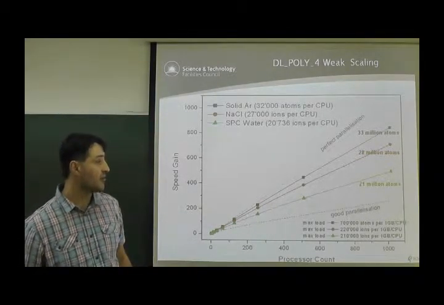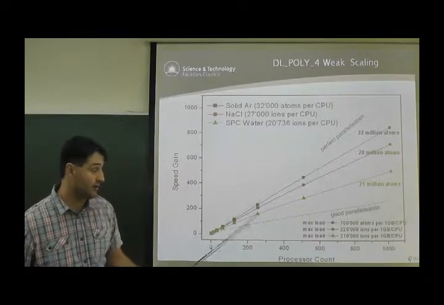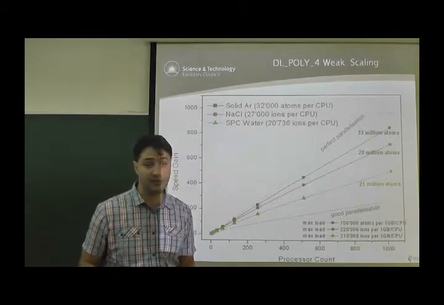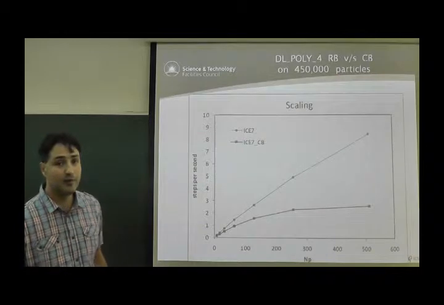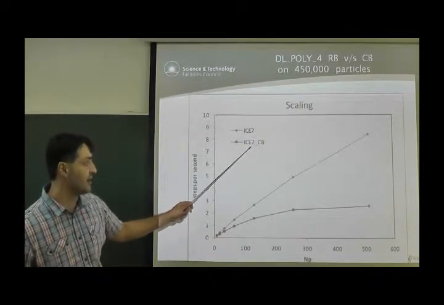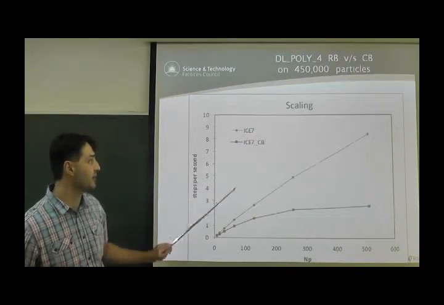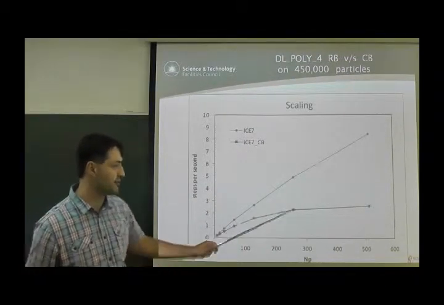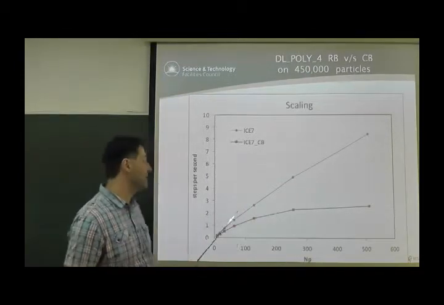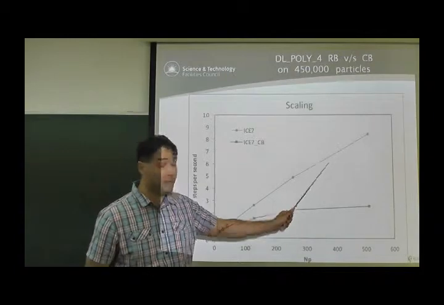So, talking about constraint iterative solvers, the red line here is now DL_POLY, presented by constraint bonds. If we move from constraints to rigid bodies, then our scalability improves immensely.